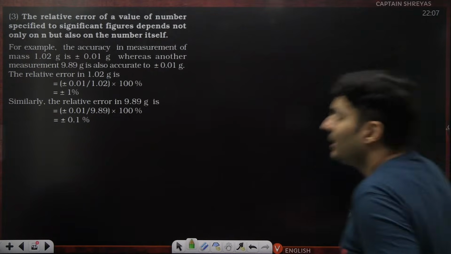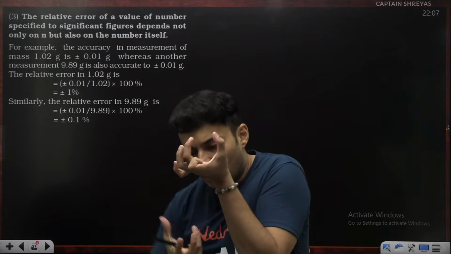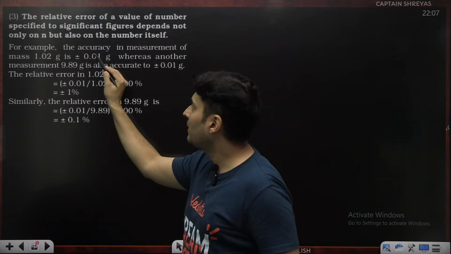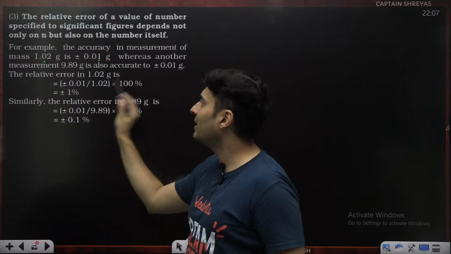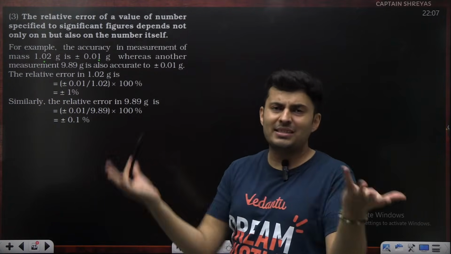Now, what is the meaning of relative error? Relative error is how much error it has upon how much original quantity you are measuring. So this is that error, divided by this, and what you get is the relative error. You multiply it by 100, it becomes percentage.